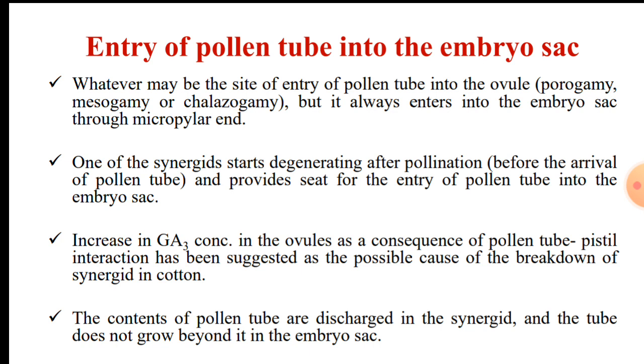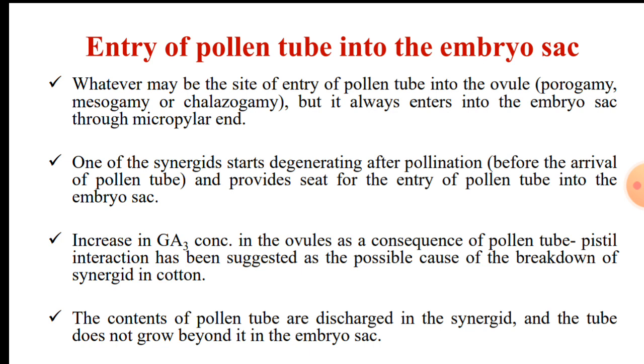This indicates that there is somewhat genetic control as to which synergid out of the two is going to degrade for providing seed for the entry of pollen tube inside the embryo sac.